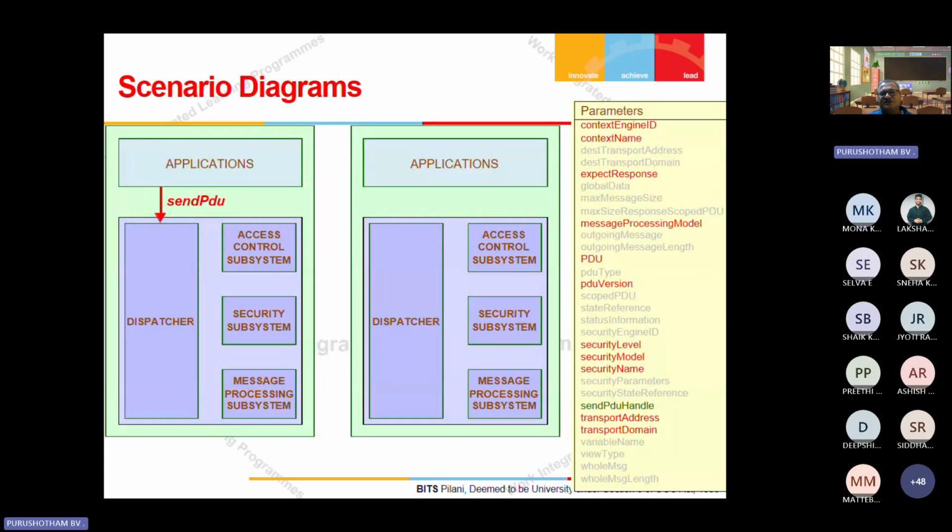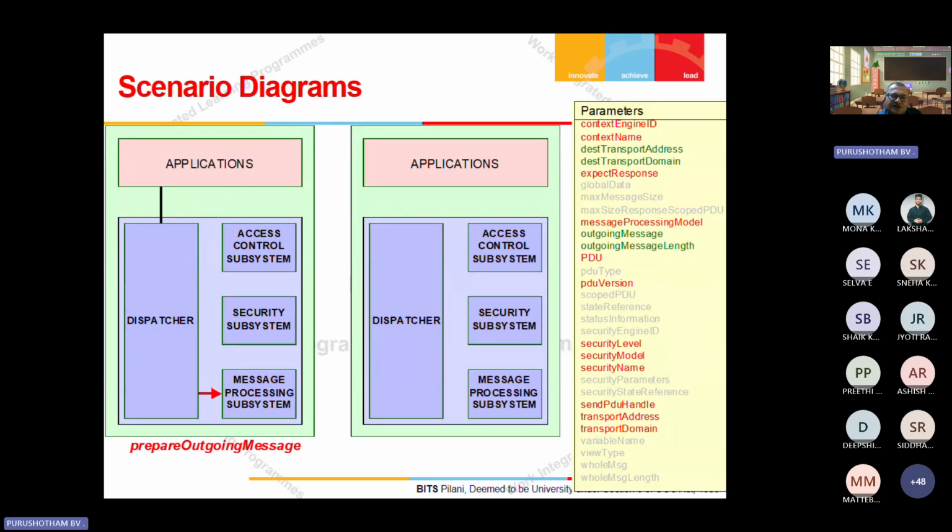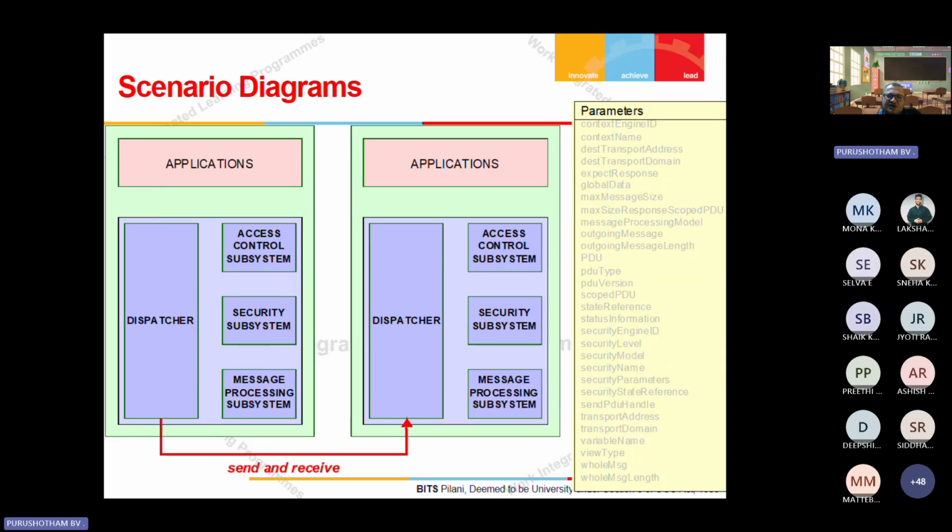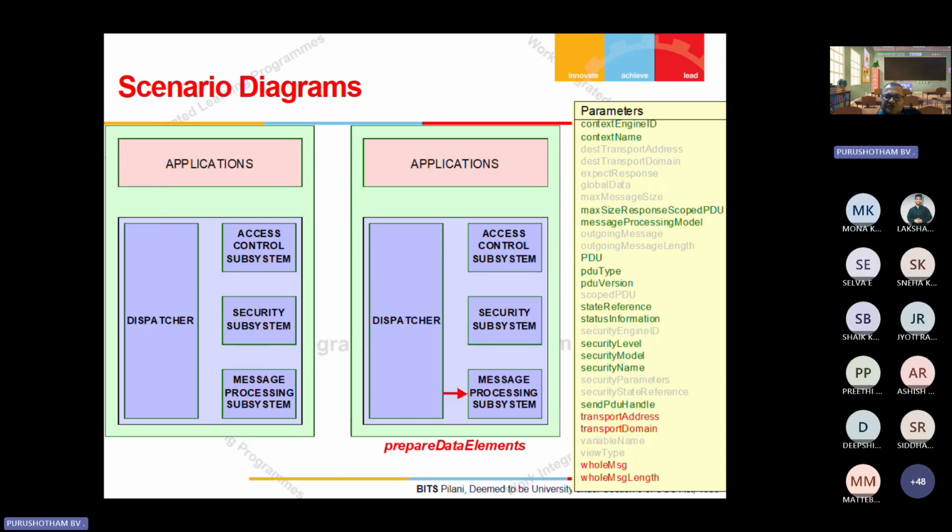So these are the different scenarios: send PDU, then preparing the outgoing message, generating the things, send and receive application, then prepare the data elements. The message subsystem will process the incoming message, then process the PDU. Then the access control subsystem returns to the dispatcher.